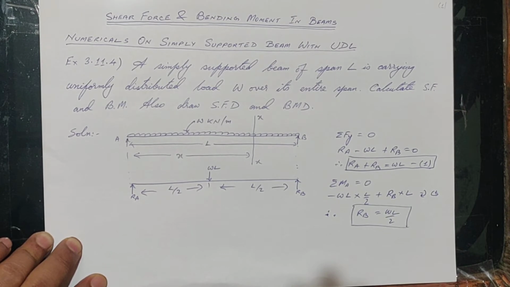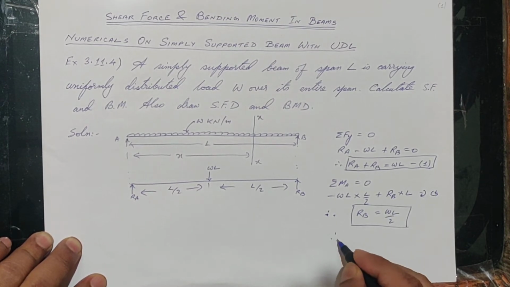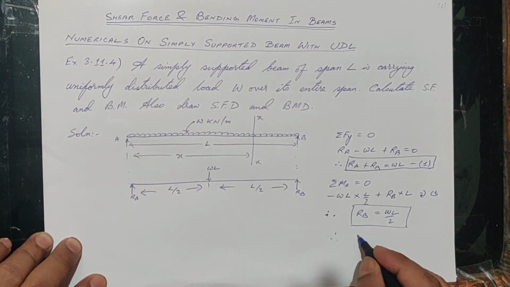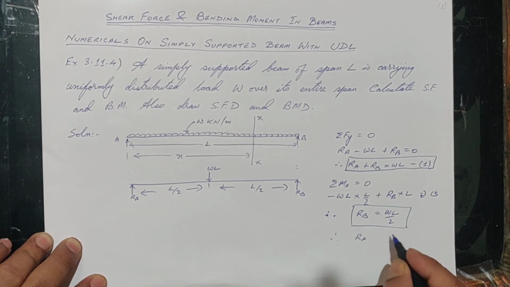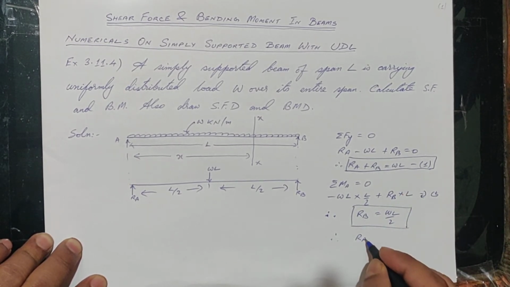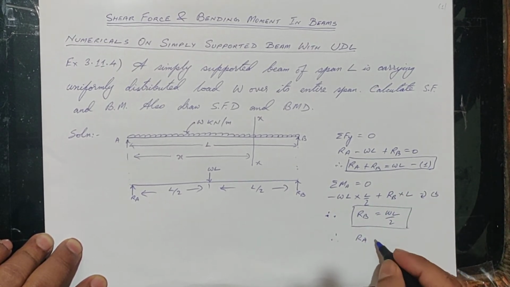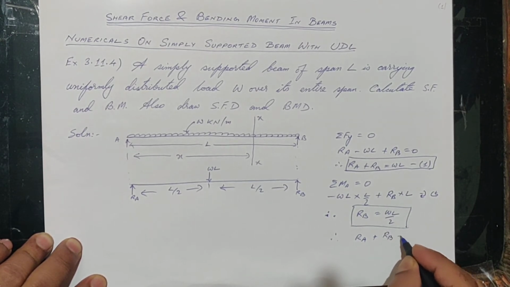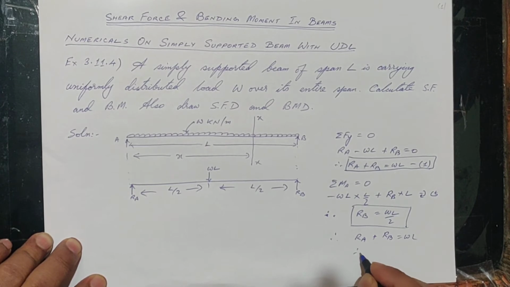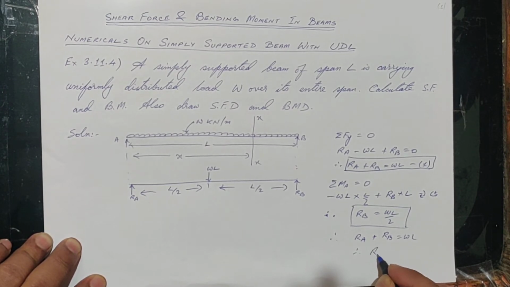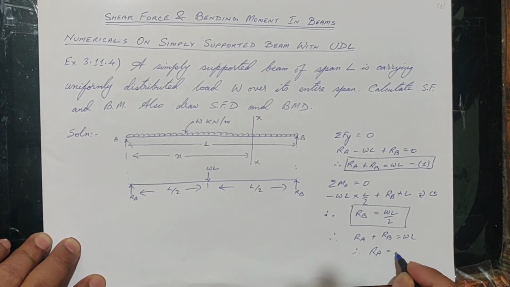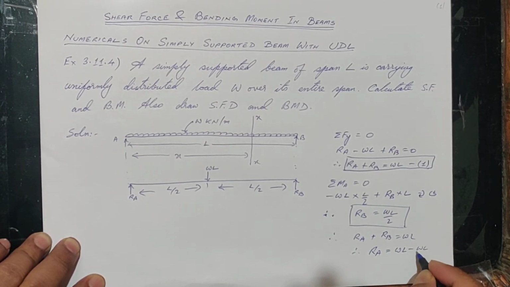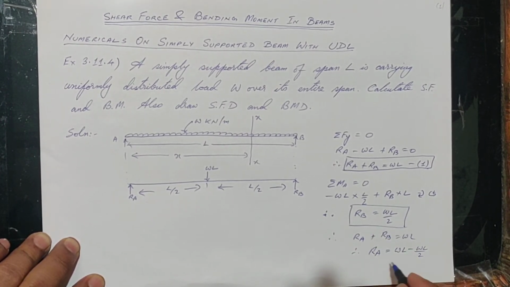Okay, so from this we get RA. We put this value in the first equation, RA plus RB is equal to WL. So RA is equal to WL minus WL by 2, that is the value of RB.